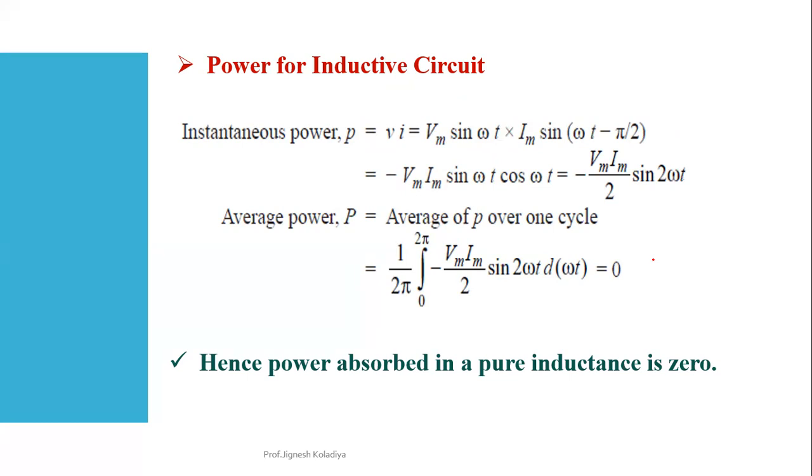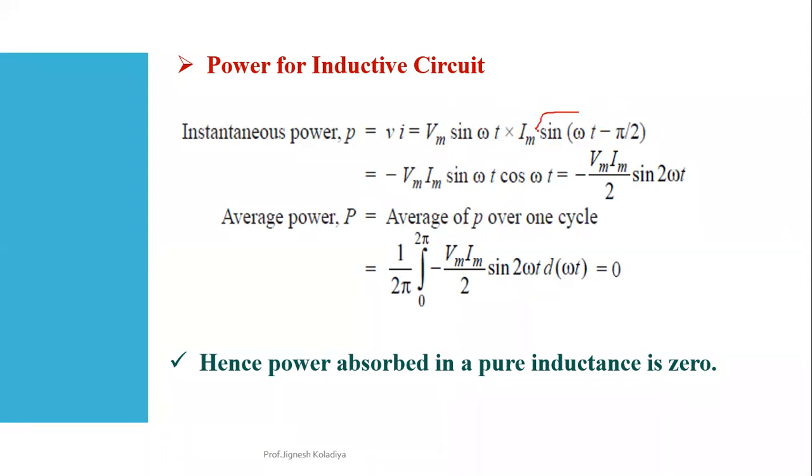So you can write instantaneous power P is equal to V into I. V is Vm sin omega t, and I we already obtained as Im sin omega t minus pi by 2.